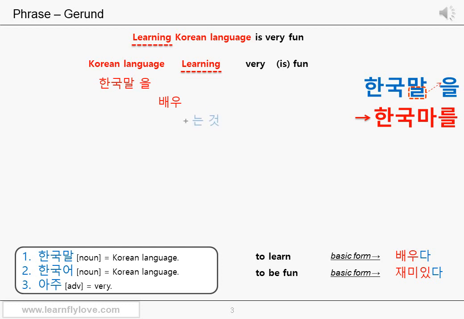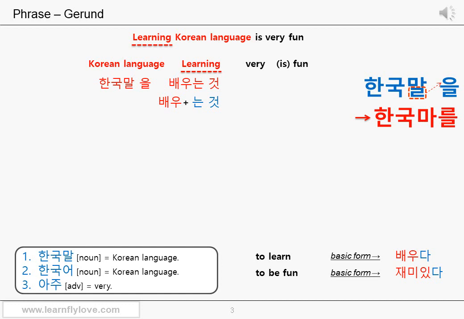We need to add 는 것 to turn it into a noun form. 배우는 것. Korean language learning. 한국말을 배우는 것. As we told you several times, this dependent noun 것 takes all the meaning of the entire phrase.